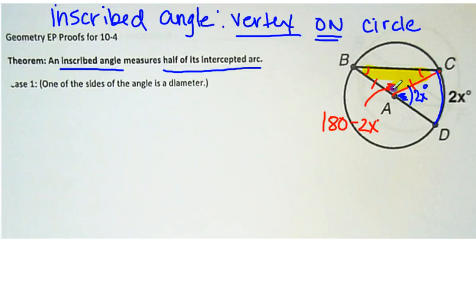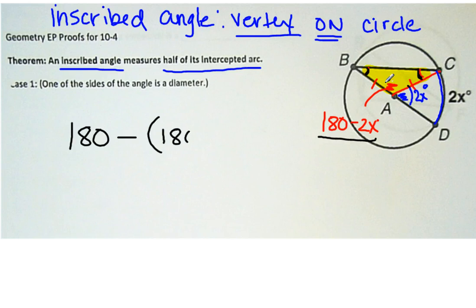Now, if I go back over here to my triangle, all three of those angles have to equal 180, and because it's isosceles, I can find these two angles by doing 180 minus this angle and dividing it by 2. So if I take 180 minus the red angle and divide that by 2, it's going to give me angle CBA and angle BCA.